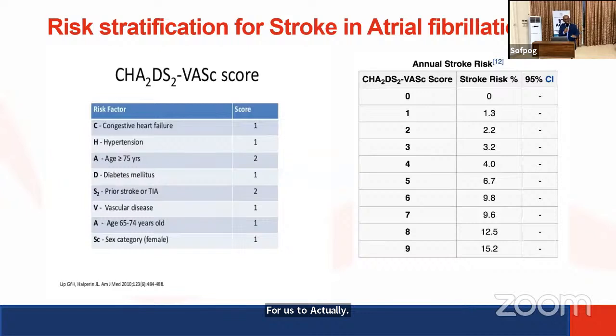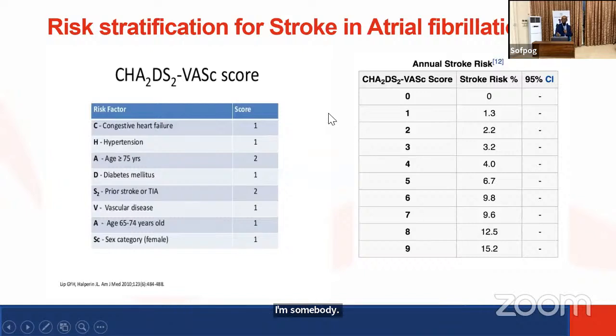If the person has atrial fibrillation and also a lot of the risk factors you see on the slide, such as congestive cardiac failure or diabetes, you add all the risks. If the score is high, 2 or more, your patient will require anticoagulation. You realize that the annual risk of stroke increases as the score increases. If somebody's score is 1, the annual risk is 1.3%. If somebody's score is 8, the annual risk is about 4.